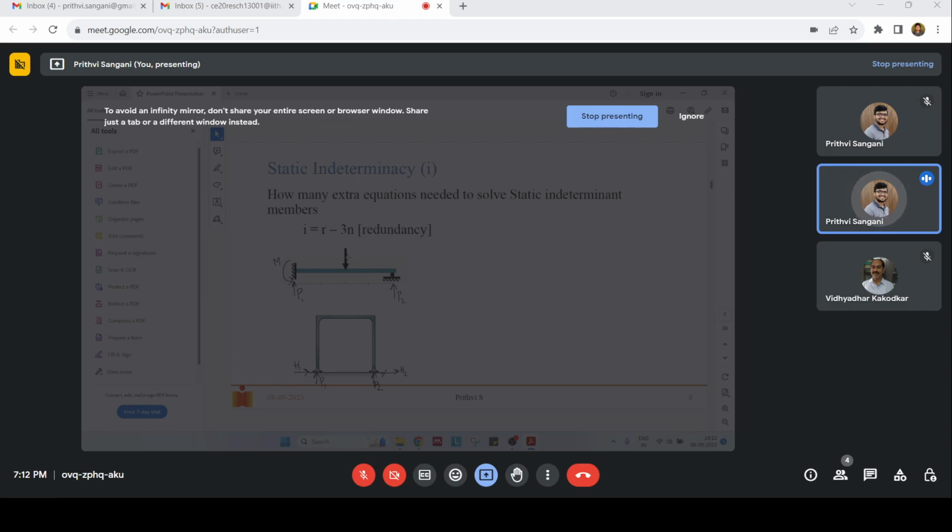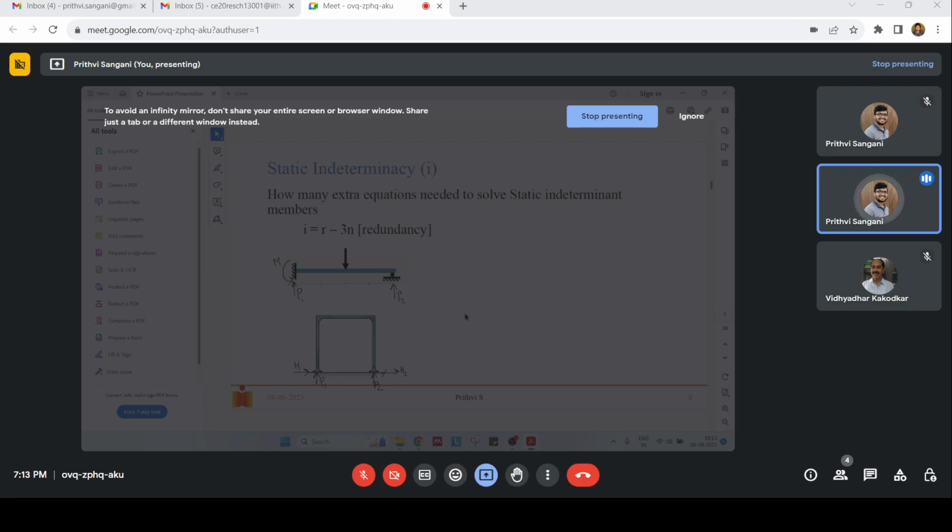This is if the load is acting vertically. If it is acting inclined, we will also have an extra reaction in the x direction, a horizontal reaction at the fixed support. So in that case, we'll have four unknown reactions and three equilibrium equations.